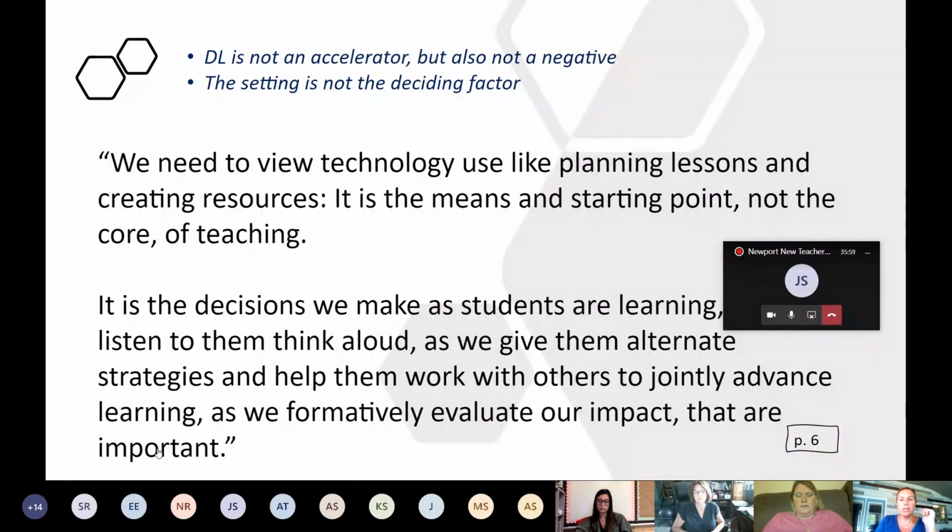And the quote on this slide is reiterating that point that I just made. We definitely live in a world where technology is relevant. It's important. We just want to be careful and make sure that we focus on the learning and then think of technology as that tool to help us and not the other way around.